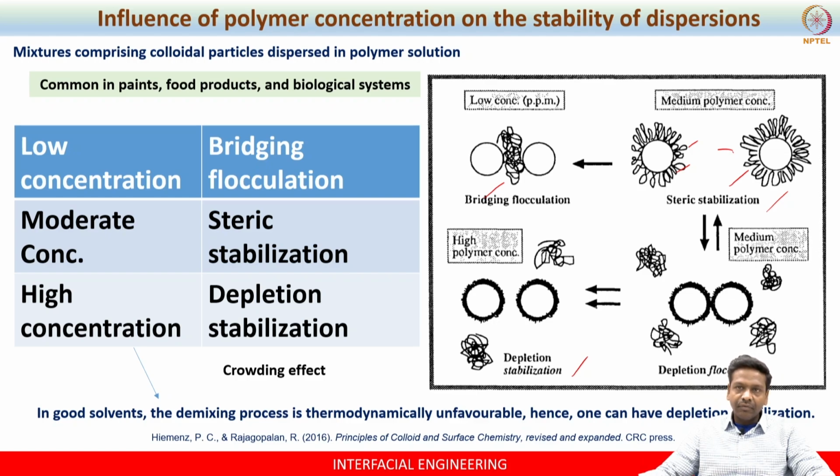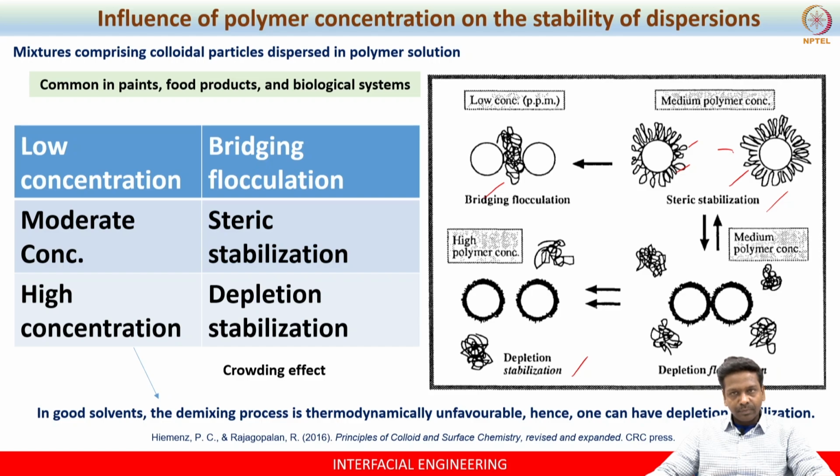On one hand, we saw that there is something called depletion attraction, that is due to non-adsorbing polymer molecules. The depletion stabilization is because of the adsorbing polymer molecules. Okay, this happens in a good solvent, because in a good solvent the demixing process is thermodynamically unfavored, right?